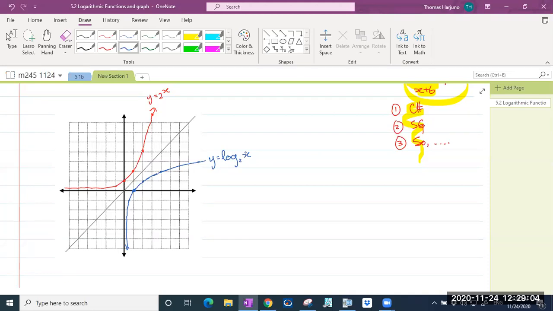And if the exponential function is decreasing, the inverse will also be decreasing. Okay, but we'll see that later.